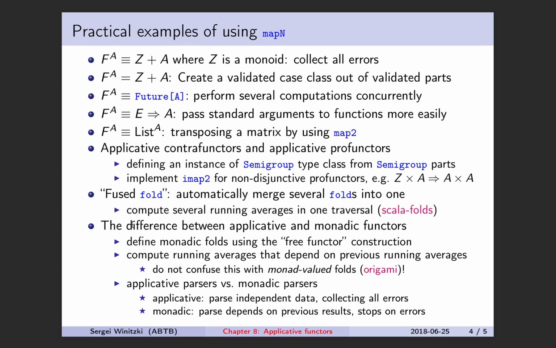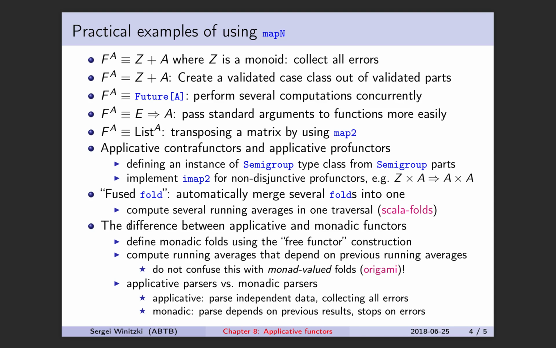So finally, I would like to point out the difference between applicative and monadic functors. We have seen that fold could be seen as a profunctor, and yet it has a zippable property, and so you can merge these folds into one. Now this merging is similar to component-wise operations.